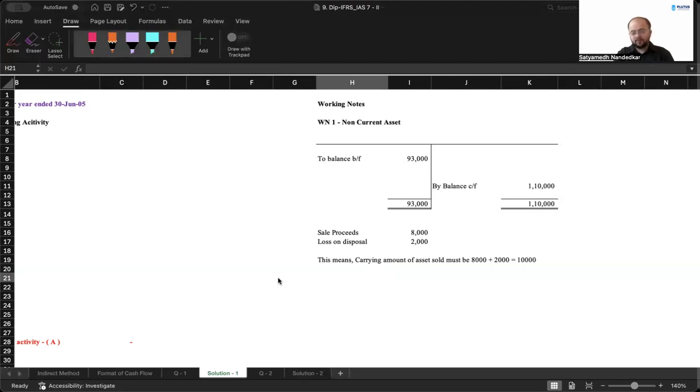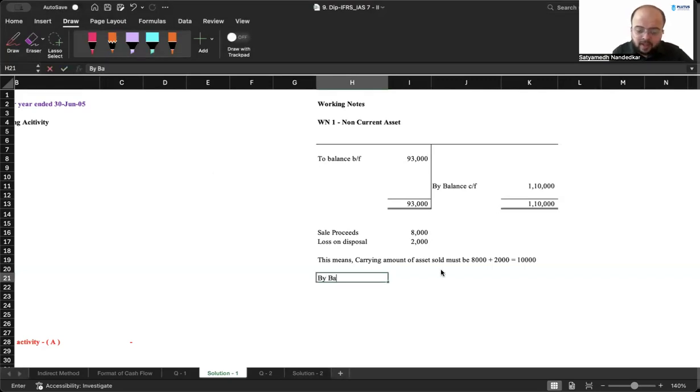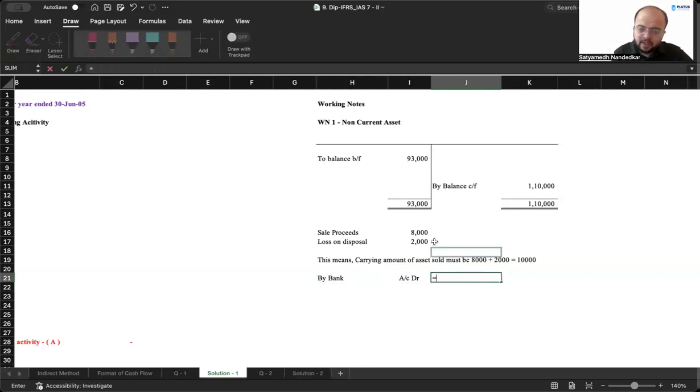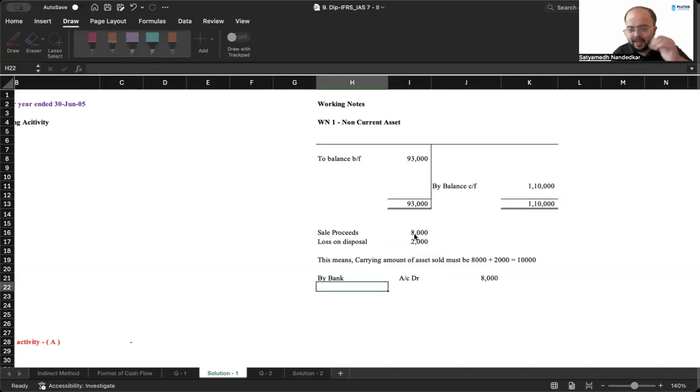Now I always prefer recording the accounting entry. What is the accounting entry for this transaction? The accounting entry is by bank account debit. How much is getting accumulated in the bank account? You are getting 80 lakhs. Then there is a loss on disposal, debit all expenses and losses.